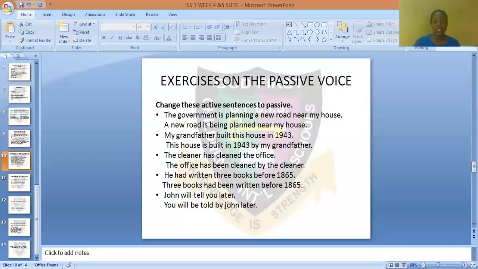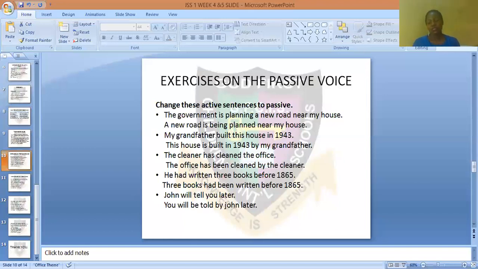The cleaner here is the subject, and the cleaner is the performer of the action. The cleaner cleaned the office, so the cleaner performed the action of cleaning the office. In the passive voice, it becomes: the office has been cleaned by the cleaner.